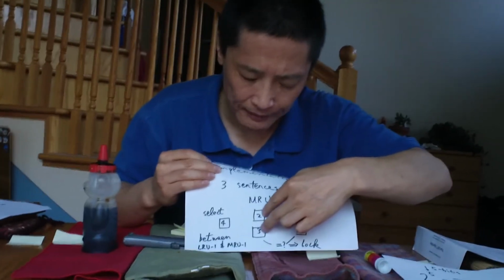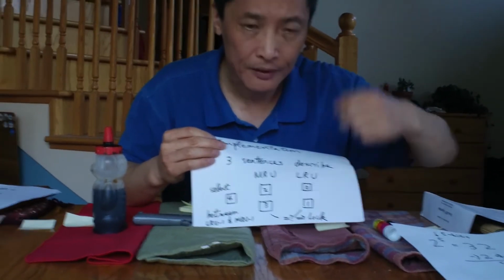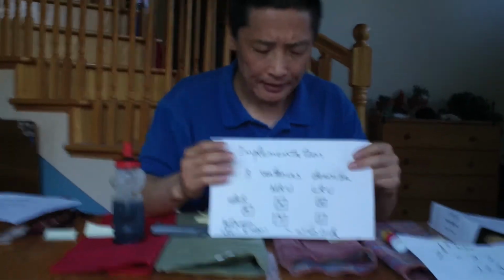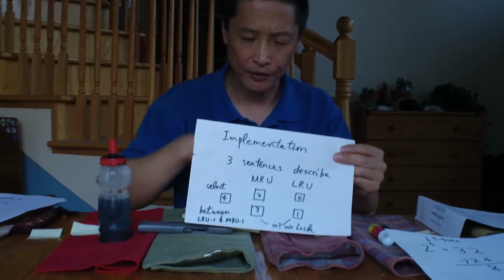If the 2 numbers stored in those 2 bits, bits 2 and 3 and bits 0 and 1, are equal, then that's the indication of the lock. So the implementation based on this definition is very simple, and it is described in my patent.